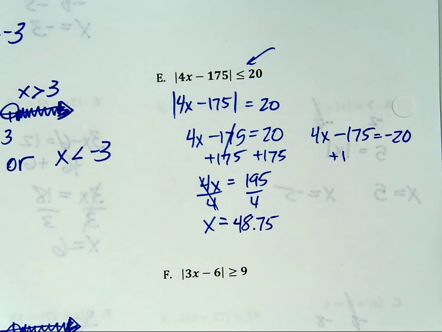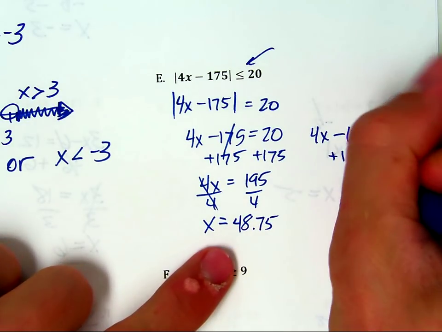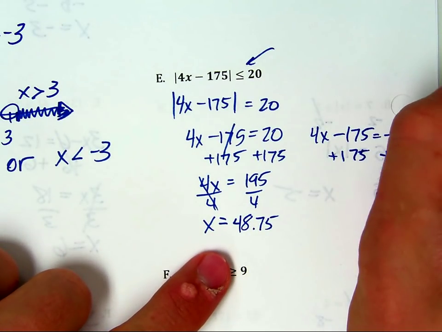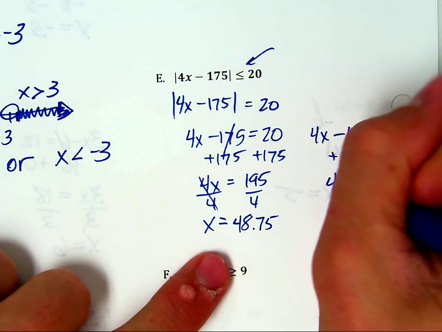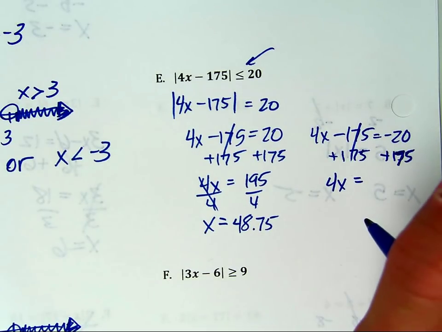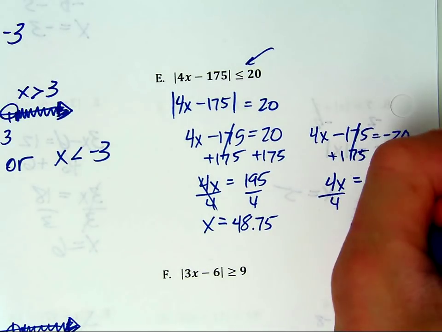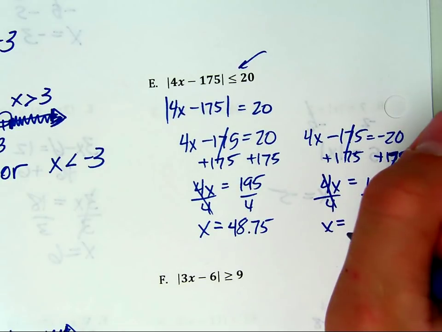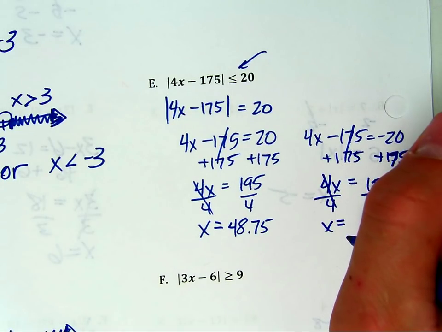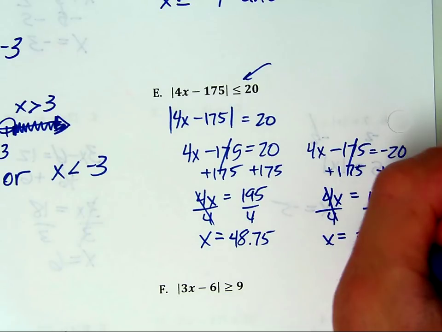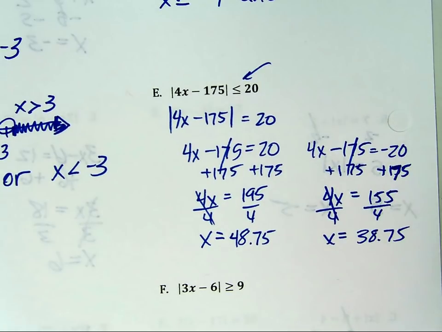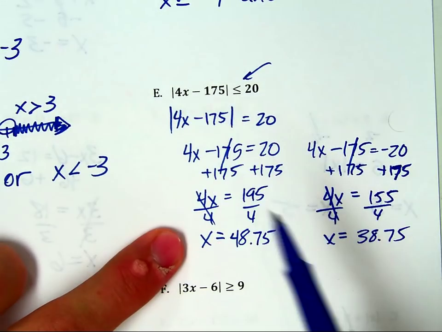Over here, we're going to add 175. 4x is equal to 155. We divide by 4, and we get 38.75. So these two numbers are going to be the parameters on our number line.